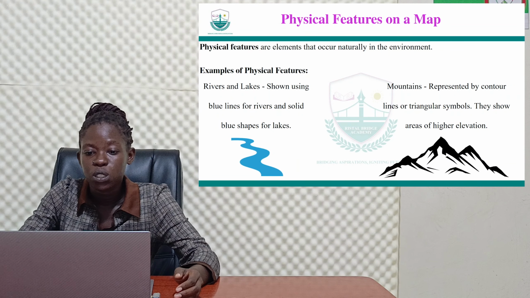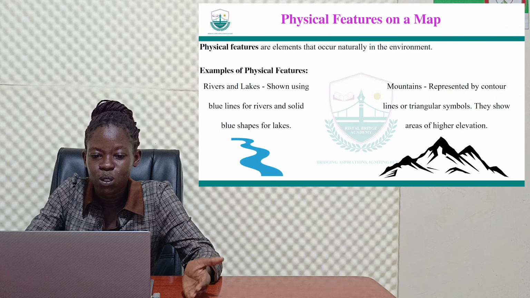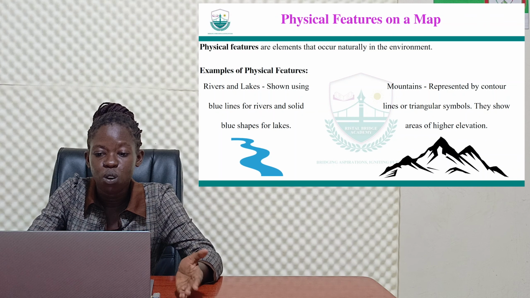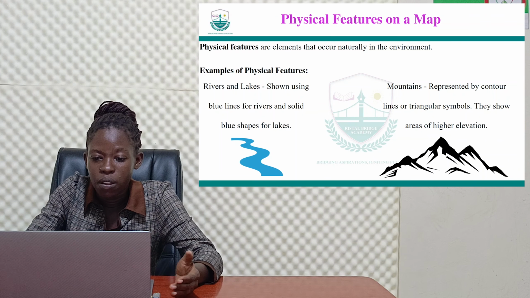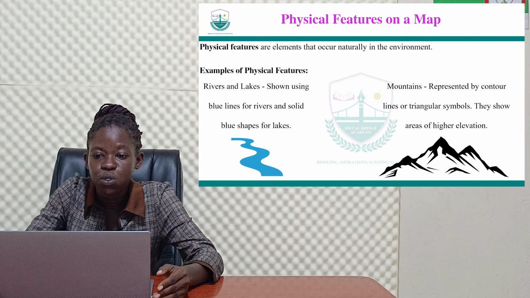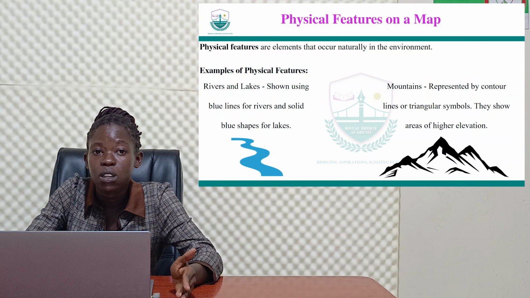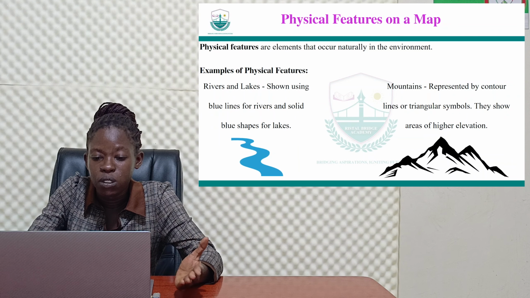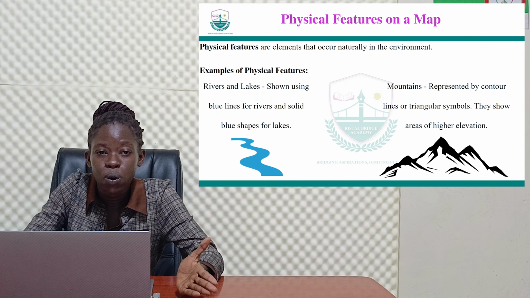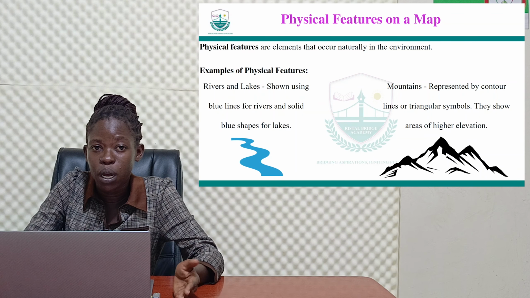When we talk about the physical features on a map, these are features that are naturally formed on the Earth's surface or in the environment. We believe that they are created by God.